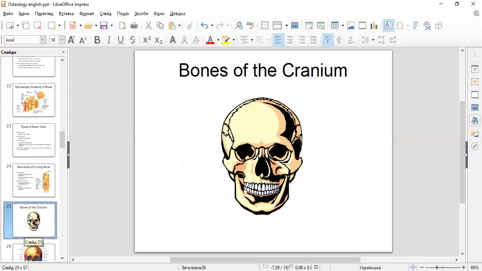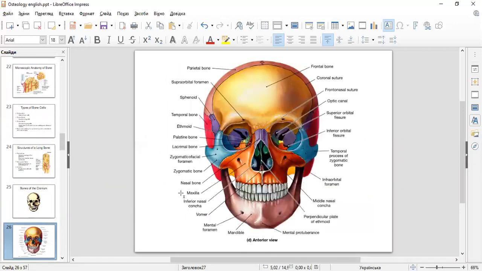Bones of the cranium. The skull, cranium, constitutes the skeleton of the head, which encloses the brain and sensory organs.